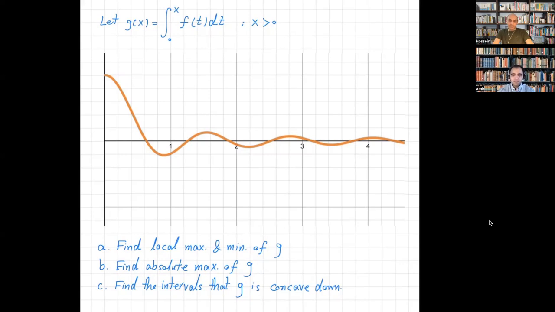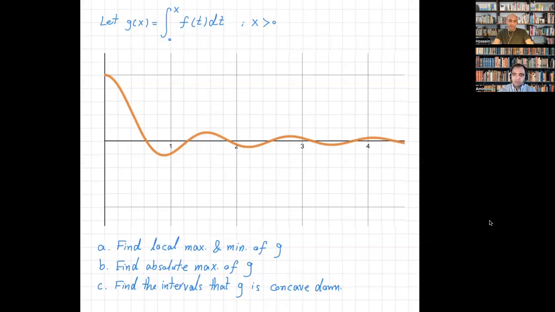Given that, in part A, find local maximum and minimum of g of x. In part B, find absolute maximum of g. And then in part C, find the intervals where g is concave down.